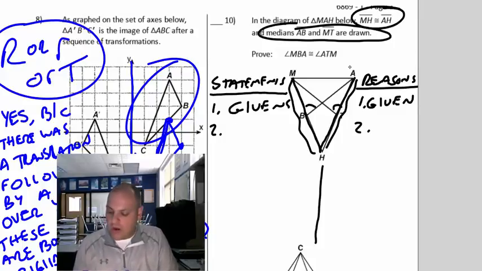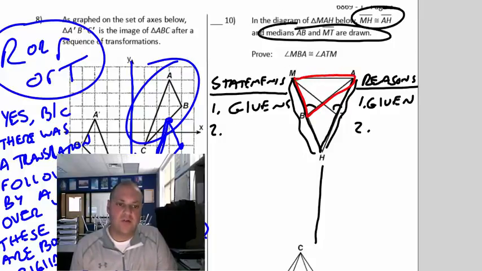Okay, so what we're actually trying to do here is prove, I'm going to highlight the triangles we're trying to get. It's this triangle here, okay, congruent to this triangle. We have Christmas colors. Okay, those are the two triangles we're trying to get. All right, so I'm going to draw those triangles. I'm going to draw one over here.